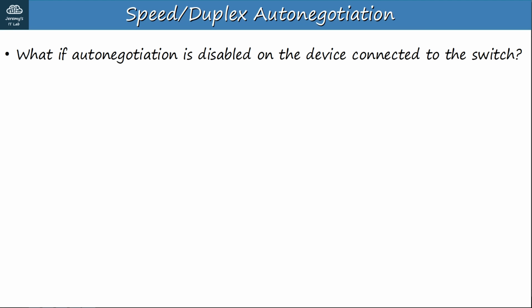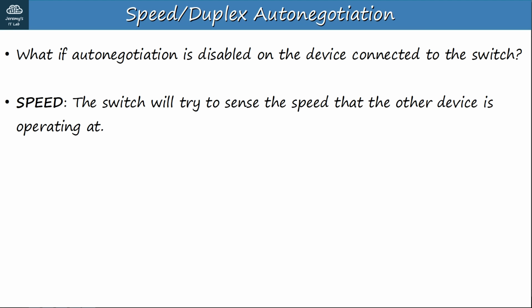Now let's talk about another situation. What if auto-negotiation is disabled on the device connected to the switch? So, the switch is trying to auto-negotiate, but the other devices don't respond. Well, this is how the switch will respond. For the speed, the switch will try to sense the speed that the other device is operating at.